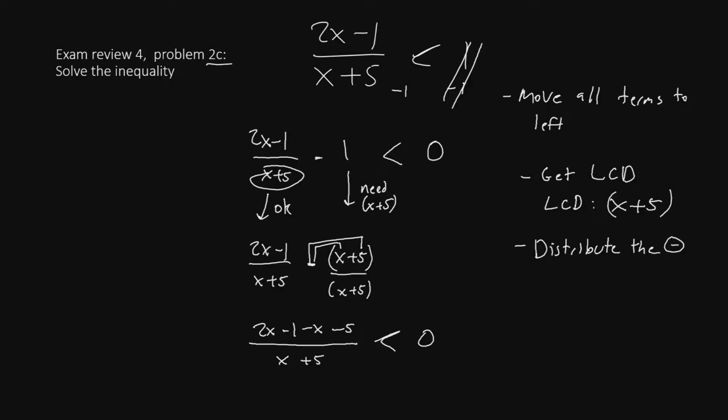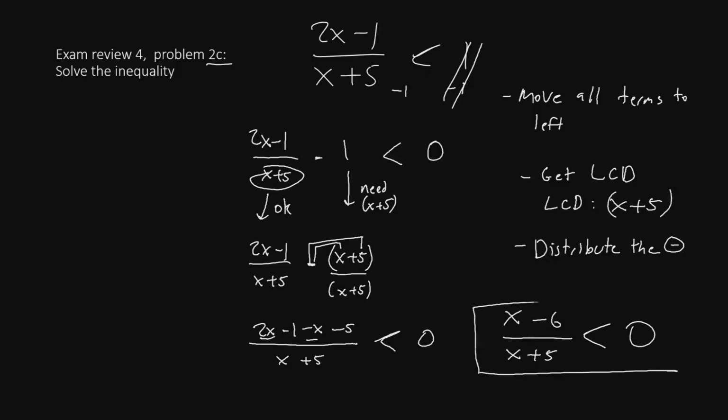Now we simplify the fraction. This 2x minus this x gives us just x. Minus 1 minus 5 gives negative 6 over x plus 5 is less than 0. So this is about as simplified as we can get. We've got one term on the top, one term on the bottom.